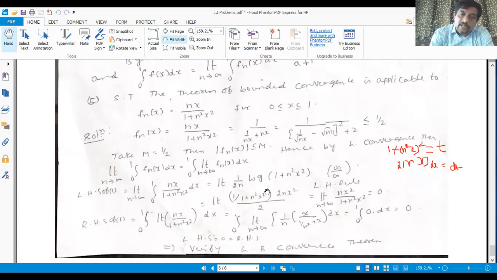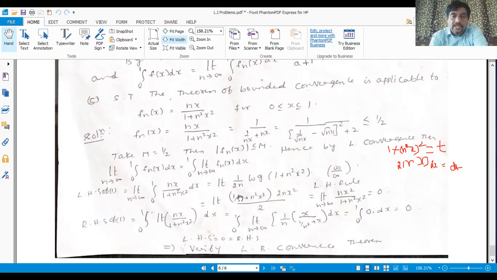If you apply the limit, this becomes infinity by infinity form. Infinity by infinity or 0 by 0 form means we can apply L'Hospital's rule from the differentiation concept. Then we differentiate the numerator as well as the denominator.